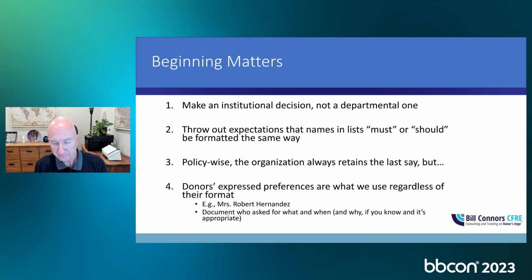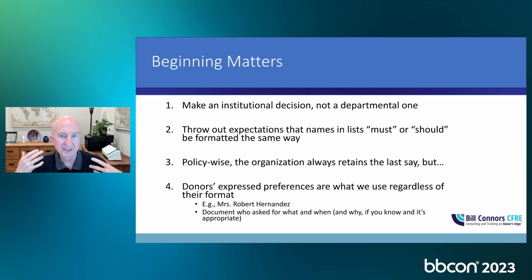Number three is really a lead in to point number four. Point number four is we want to honor our constituents' wishes. If a constituent says, I prefer to be listed this way, I prefer to be addressed this way, it's incumbent upon us as ethical fundraisers, as relationship oriented fundraisers, to do what the constituents ask for.